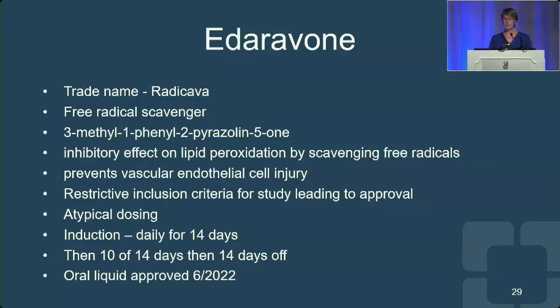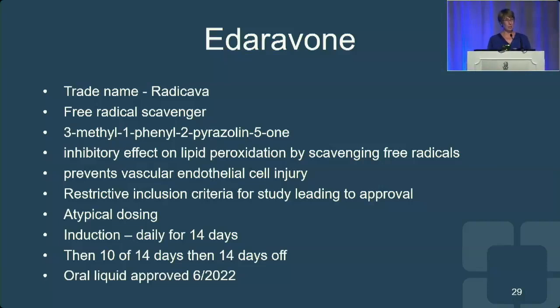The study that led to approval had pretty restrictive inclusion criteria. People had to be less than 2 years from disease onset. Their breathing still had to be quite good, greater than 80% of normal for FVC. There were a bunch of different things that made it a very difficult study to get into.